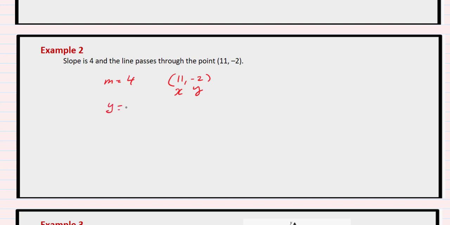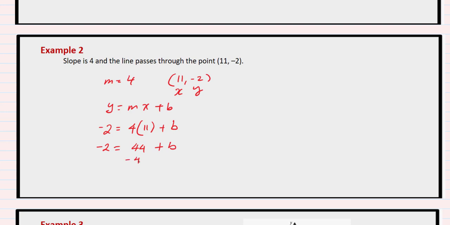We can use y equals mx plus b form. So here's the x value and the y value. The y value is negative 2, the slope is 4, and x value is 11. And we can find the y-intercept. Negative 2 equals, that's 44 plus b.